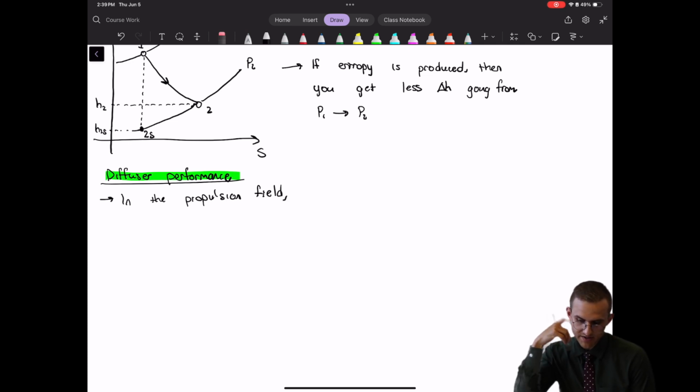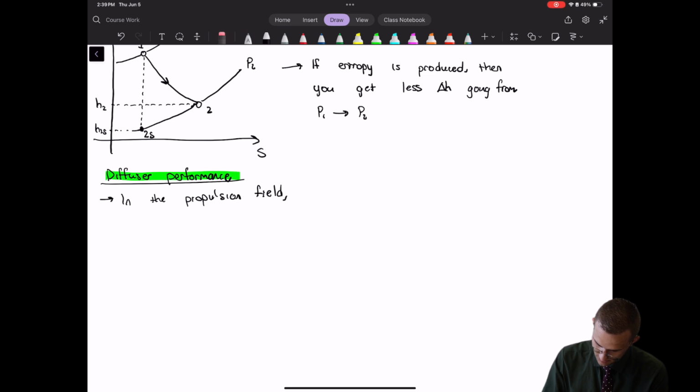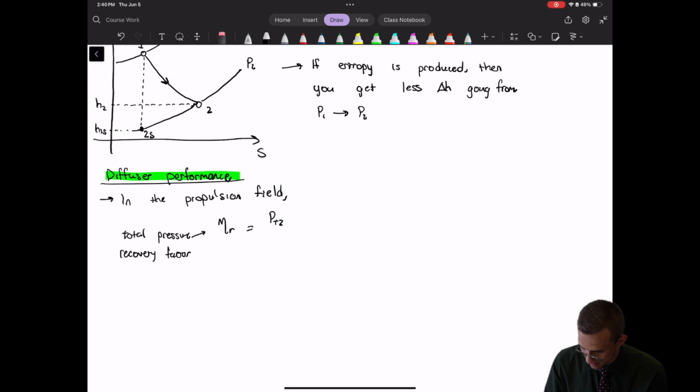Diffusers are evaluated by the total pressure recovery factor, called eta R. This is the total pressure recovery factor. And it's equal to the stagnation pressure at the exit over PT1.